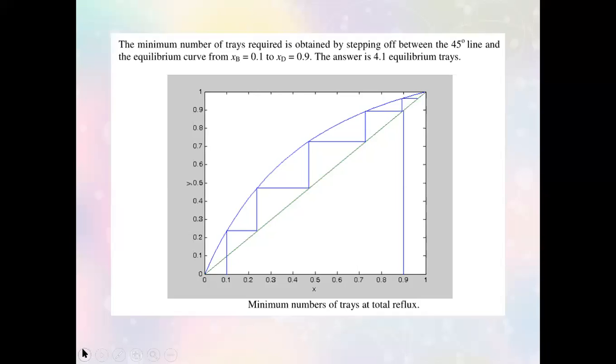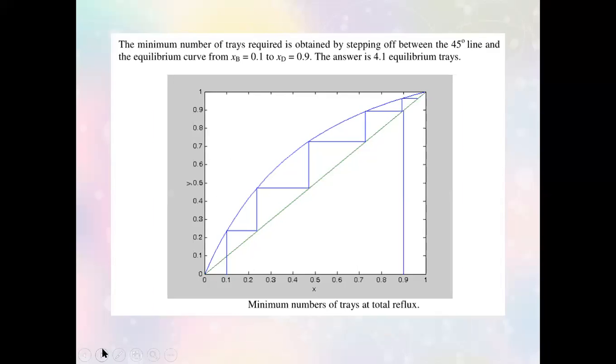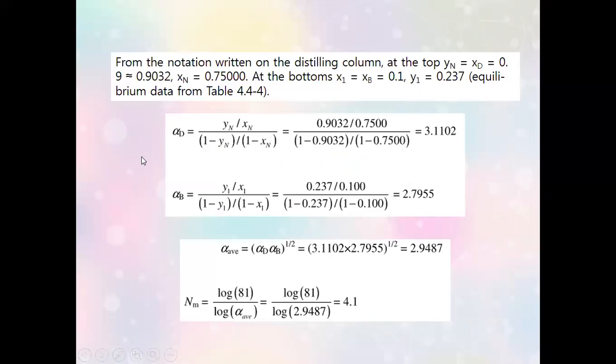For simplification and illustration purposes on how you're going to use the pair of XY data here, we would just consider that the 0.9 given in the problem is more or less equal to 0.9032. Of course, they are not equal, but we would just approximate the two being equal.